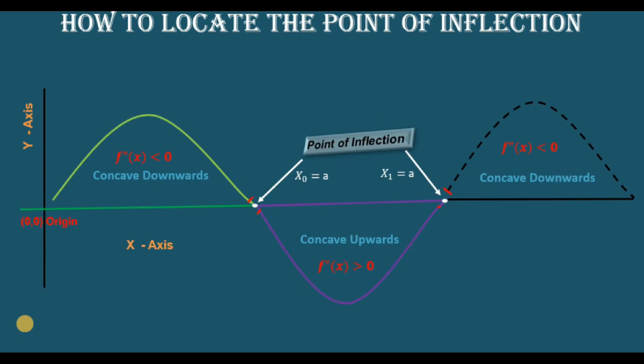Now how to locate the point of inflection? From the previous lecture we have seen that the point of inflection is the point that changes the concavity of the curve.